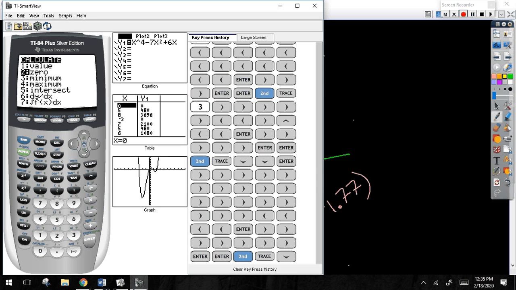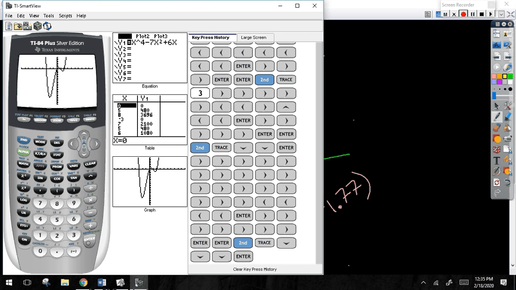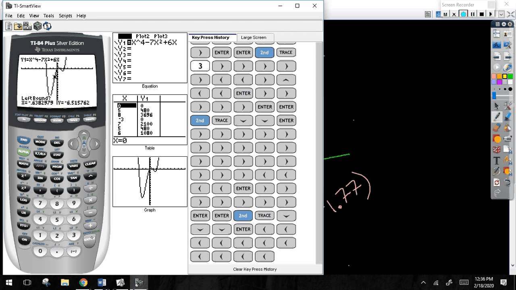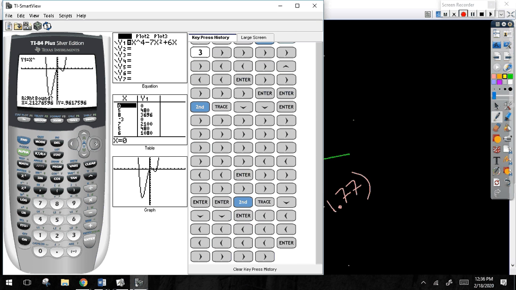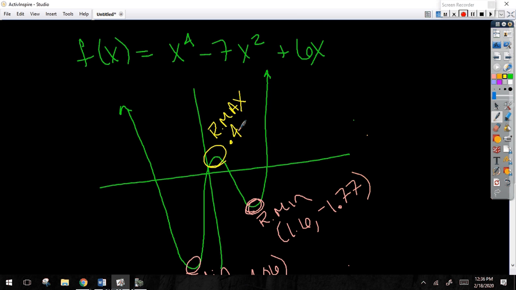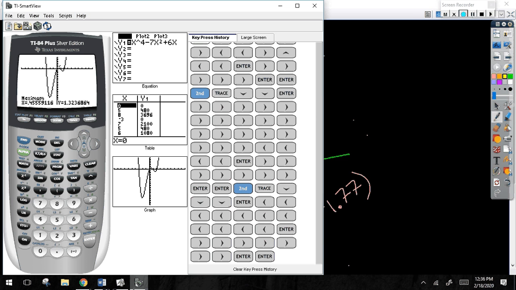This time I'm going to choose maximum. And I'm going to go left. Miranda, are you awake? And I'm going to go right. I'm going to hit enter. I got 0.46, 1.32. You got them?